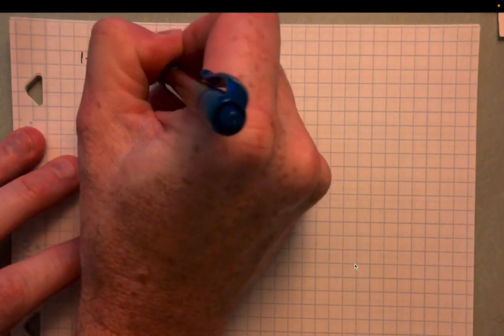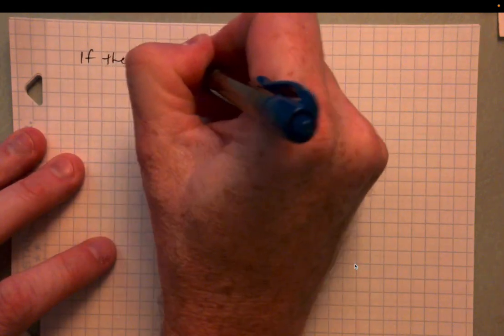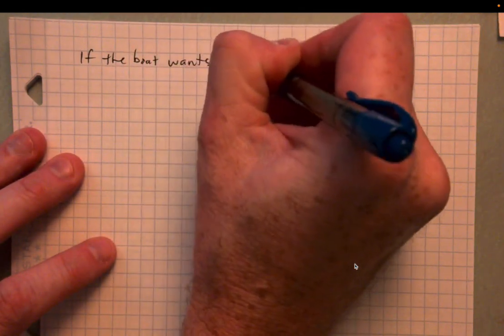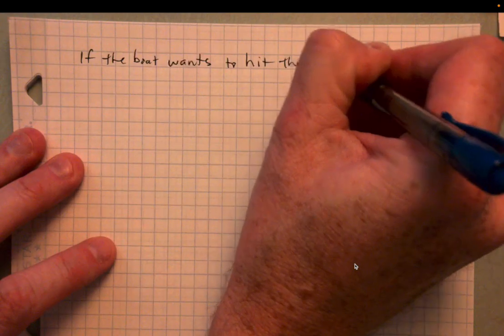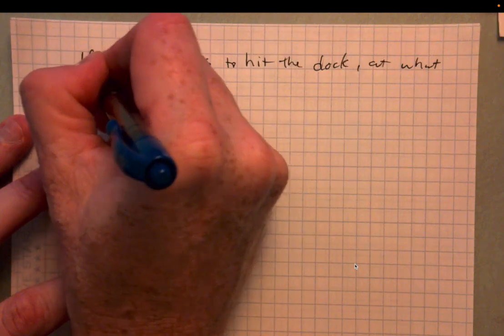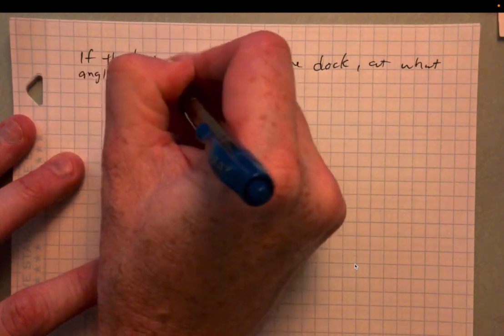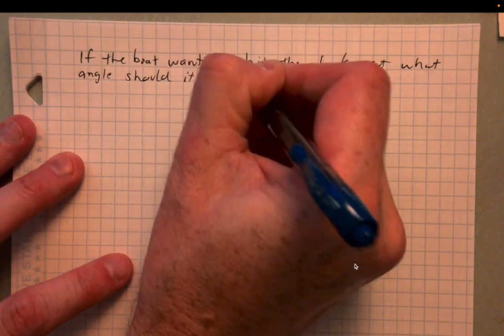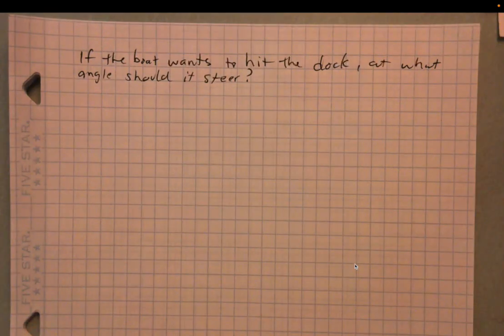So if the boat wants to hit the dock, at what angle should it steer? Right? So the boat driver has control over which direction the boat moves, which direction the 5 meters per second is directed, right?